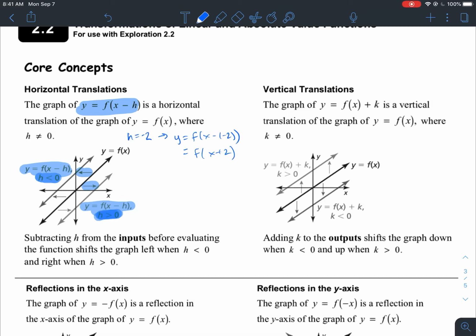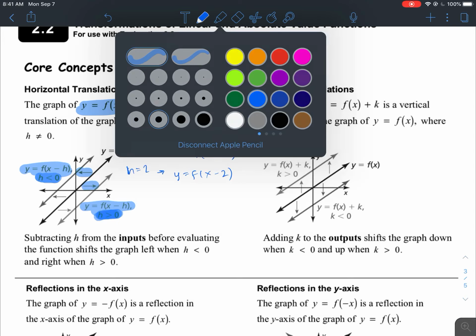And then if we did h is equal to 2, so greater than 0, then we get y is equal to f of x minus 2, right? And so you can see that whenever we're negative, like right here, we're going in the positive direction. So that's why you read it backwards.